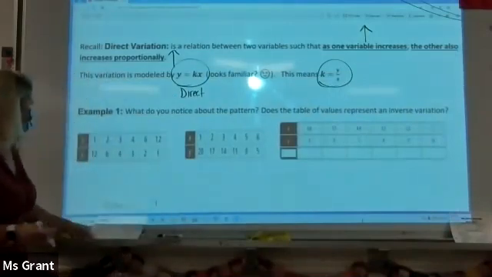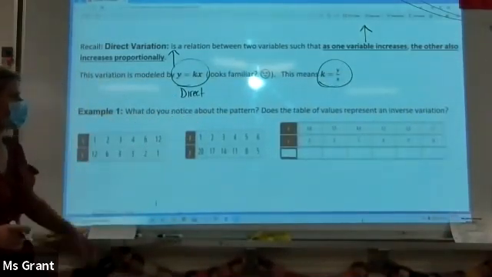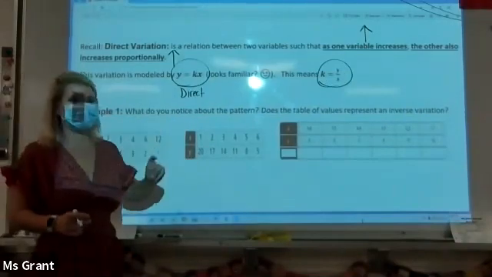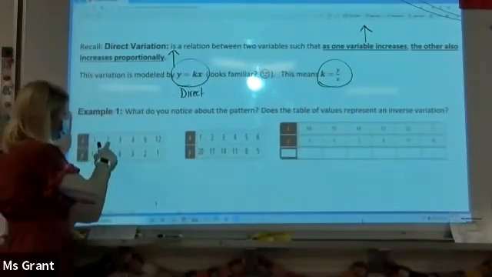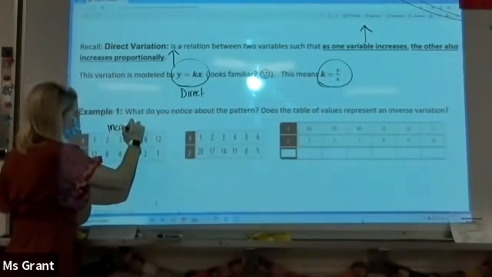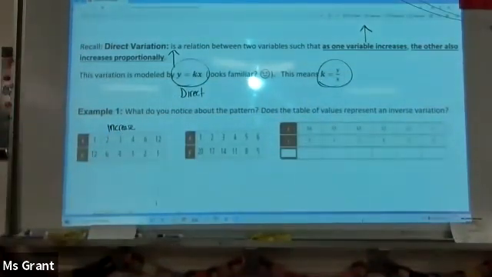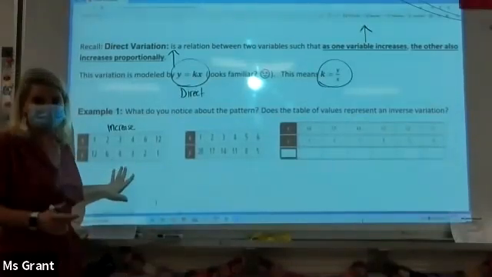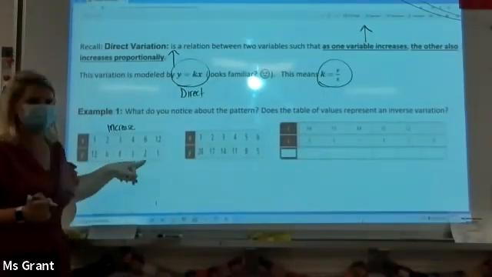All right, so let's talk about the patterns that we see in the table. Does the table of values represent an inverse variation? So here's what I've got. X: 1, 2, 3, 4, 6, 12, increasing, right? Y: decreasing, 12, 6, 4, 3, 2, 1.